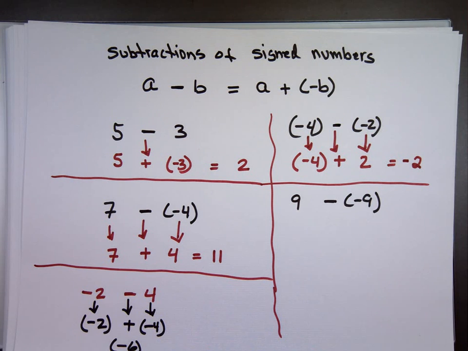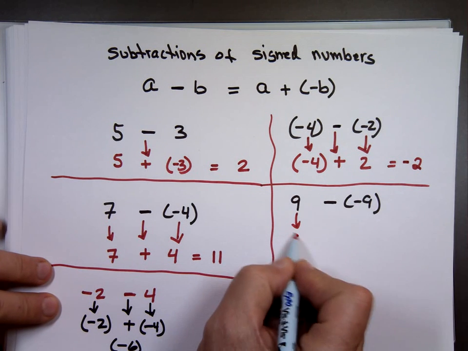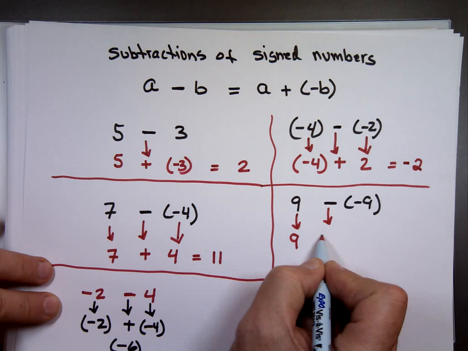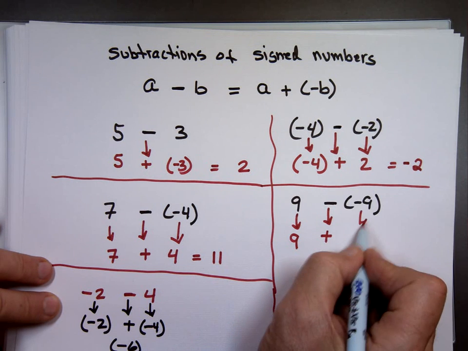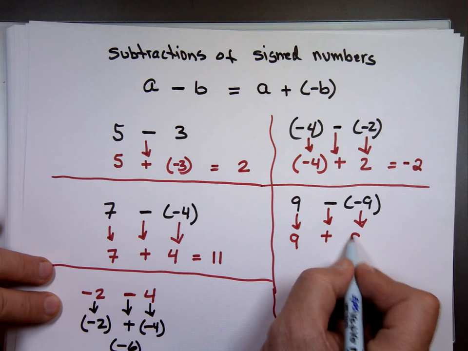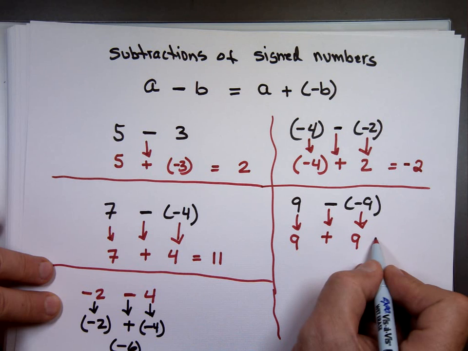Yep, leave the first one alone. Change that to a plus. And the opposite of negative 9, which is what? 9. 9 plus 9? 18.